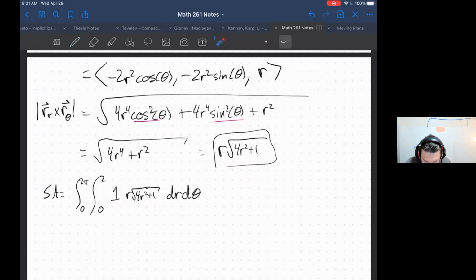And this integral is actually possible to do. It might not look like it, but you can do a u substitution for this r. You could say u is everything in here, and then du is in terms of r. So you can actually get away with that, which is nice.